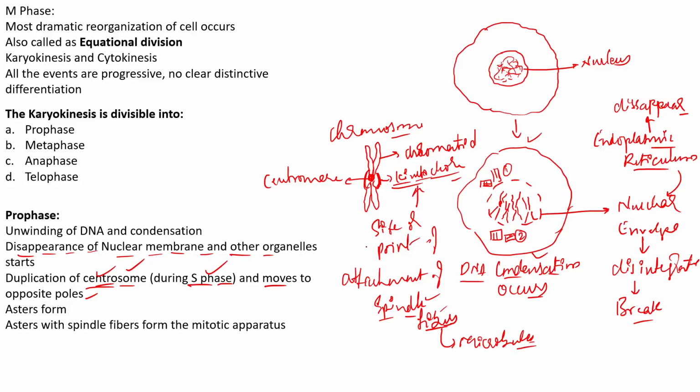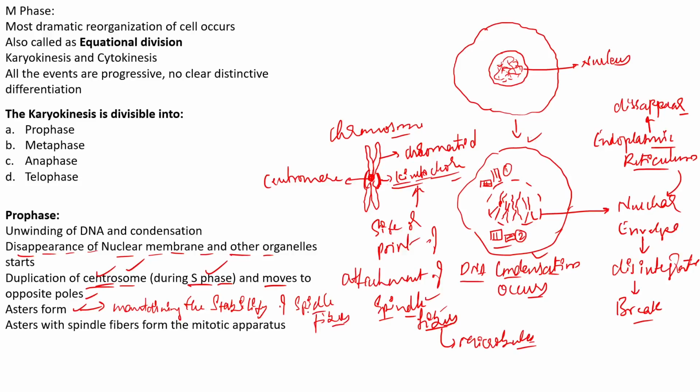Now, it is mainly the centrosomes that are involved in the formation of asters. Asters are important for maintaining stability, mainly the stability of the spindle fibers.